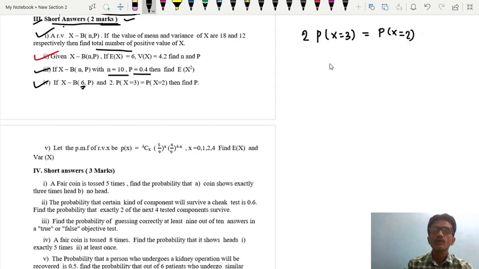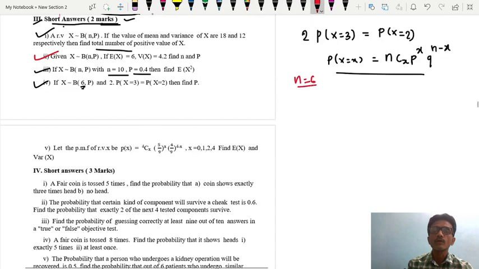So we apply formula p of x is equal to x is nCx p raised to power x q raised to power n minus x. So apply here n is equal to how much, it is given 6, यहाँ पे दिया है n is equal to 6.